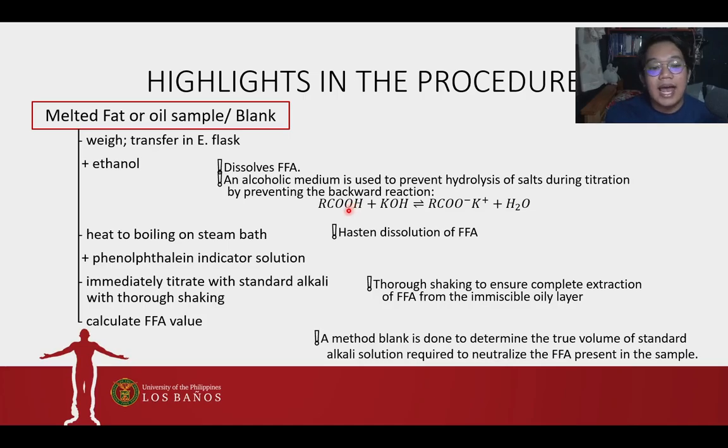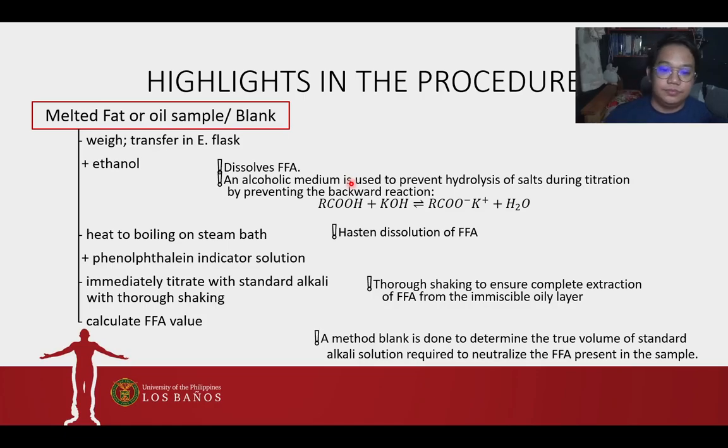Kasi nga, di ba, ina-account natin yung fatty acid. And yung fatty acid natin ay ma-account natin if it will be dissolved in ethanol. Okay? So, mangyayari is we will favor the forward reaction.